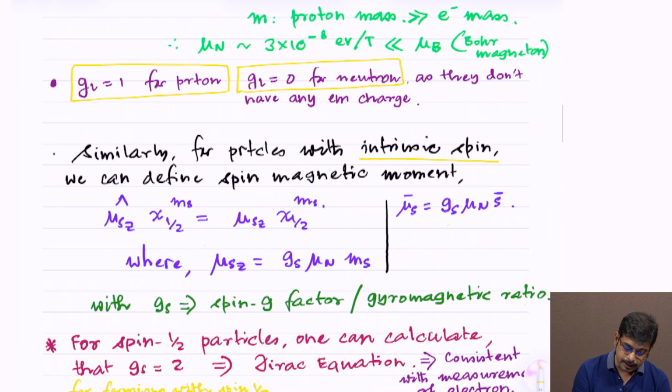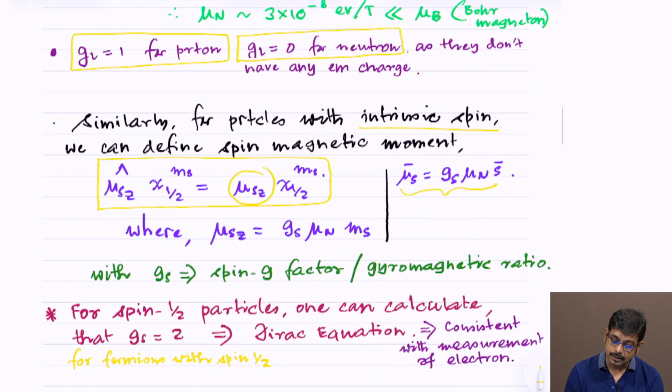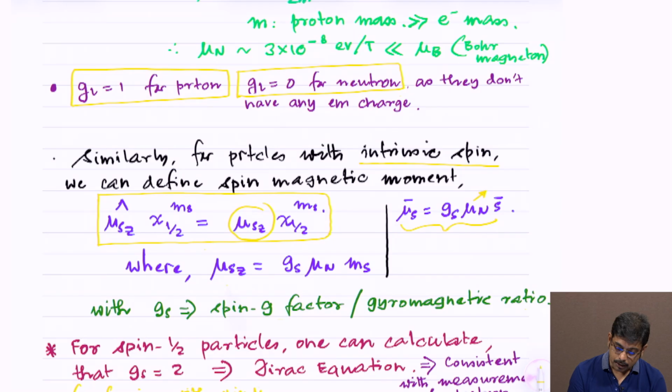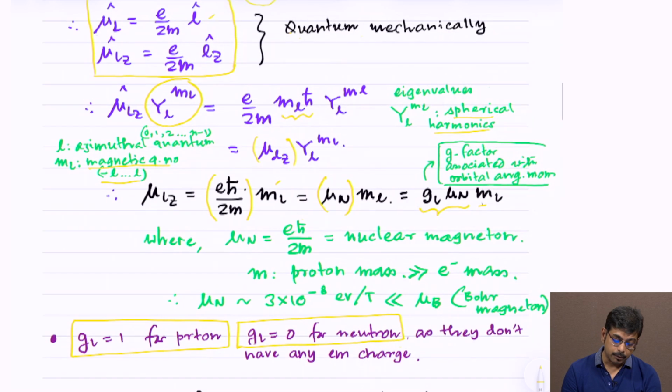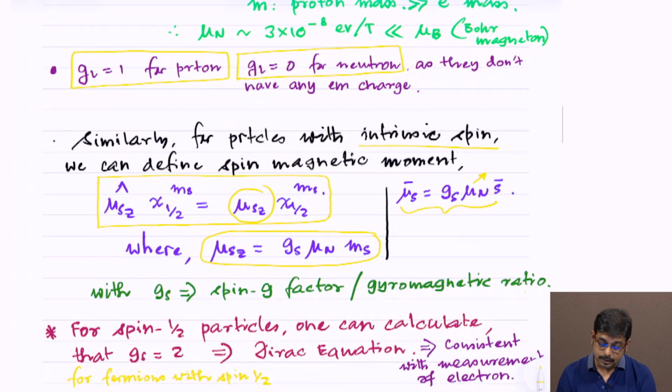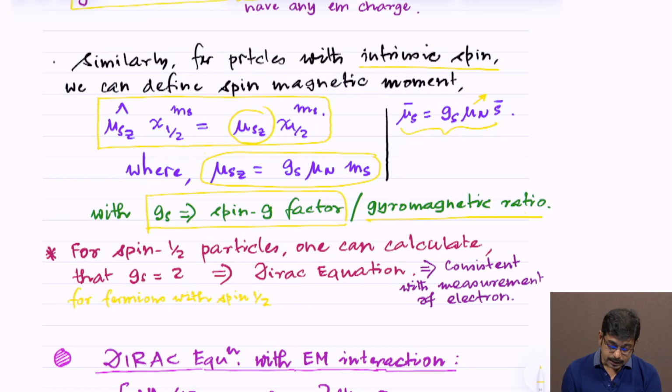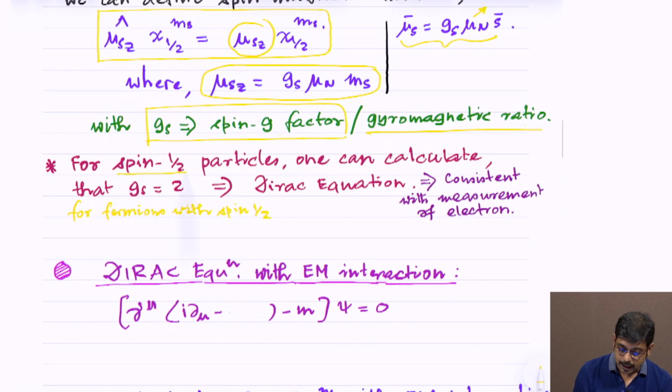You can similarly define that the mu s z operator acting on the eigenstate, let us define it like chi half m s, will give you the eigenvalue mu s z, and this mu s can also be represented by g s into nuclear magneton mu N into s, or mu s z will be g s into mu N into m s, where m s defines the magnetic quantum number associated with the intrinsic angular momentum or the spin, and g s will be the corresponding spin g factor, or what you call the gyromagnetic ratio.